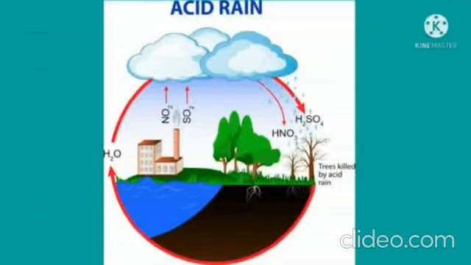These are all waste gases. These also affect trees. Trees killed by acid rains.